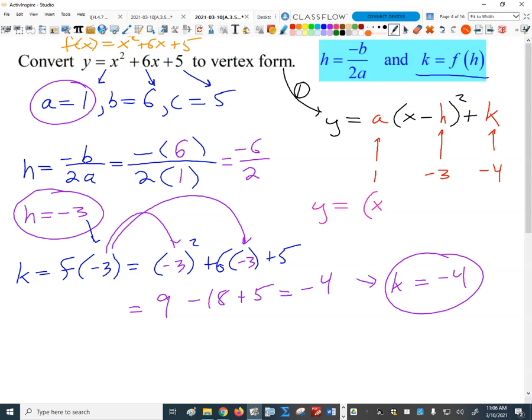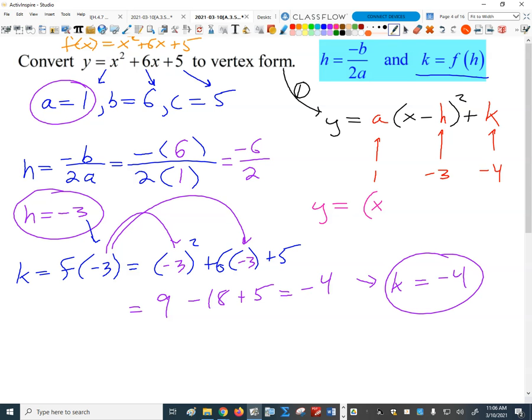Okay, be careful with the signs inside the parentheses, though, right? I'm plugging a negative 3 in for h, and h is being subtracted from x inside the parentheses, right? Okay, good stuff.